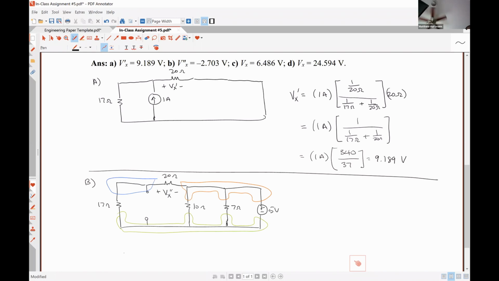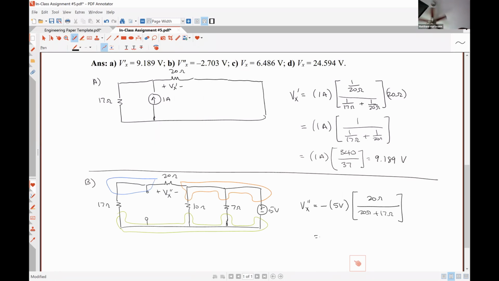So Vx double prime is going to be negative 5 volts times the resistor that we want the voltage drop over, which is the 20 ohm resistor, divided by the total series resistance seen by the 5-volt source, which in this case would be 20 ohms plus 17 ohms.